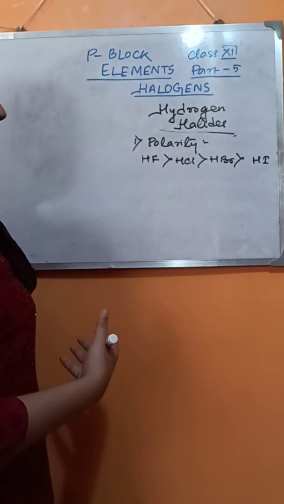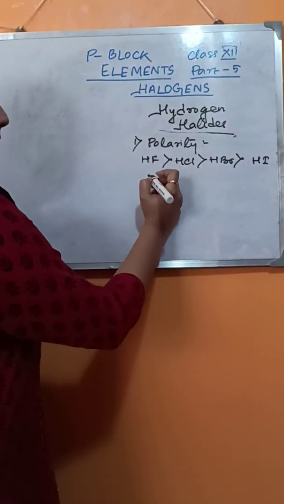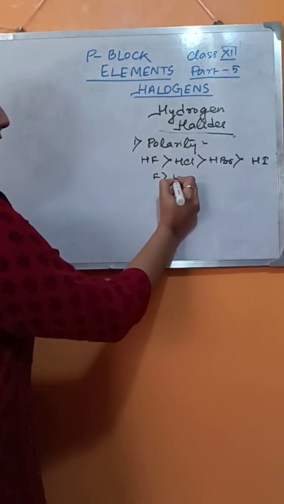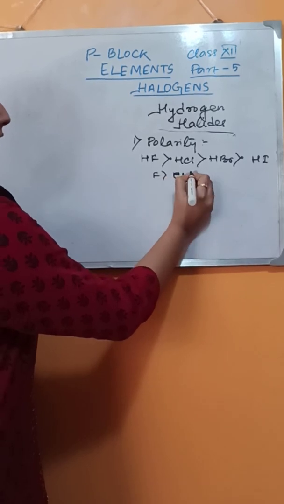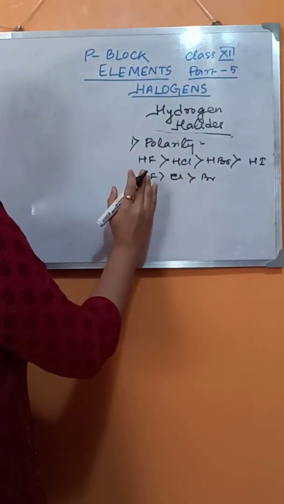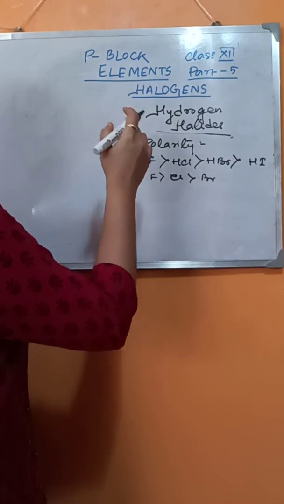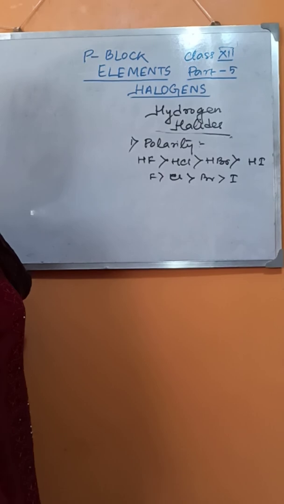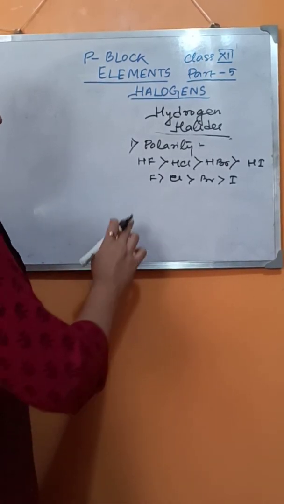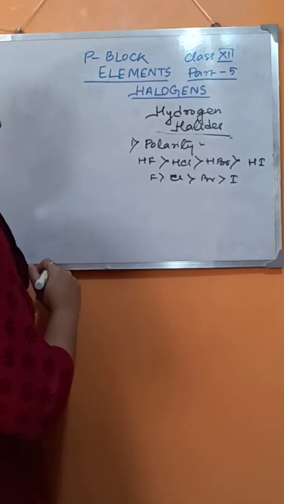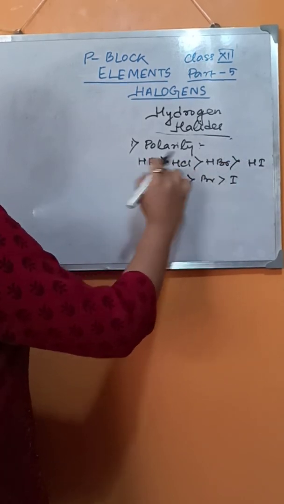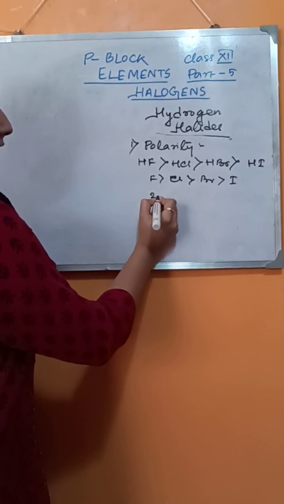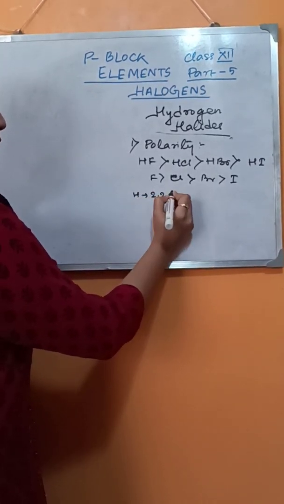Now why? What is the reason behind it? You know that the electronegativity order of the halogens is this, that is, fluorine is most electronegative, and as we move down the group the electronegativity decreases. We all know this. The electronegativity of hydrogen is constant in case of hydrogen halides, and it is less, around 2.2.